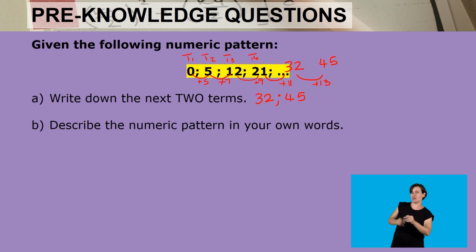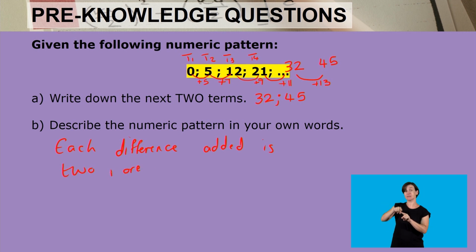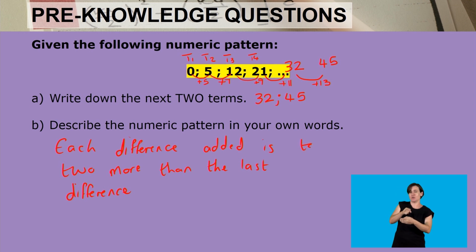So we can write that down to say that each difference added to the previous term is 2 more than the last difference added. So that would be our numeric pattern in words.